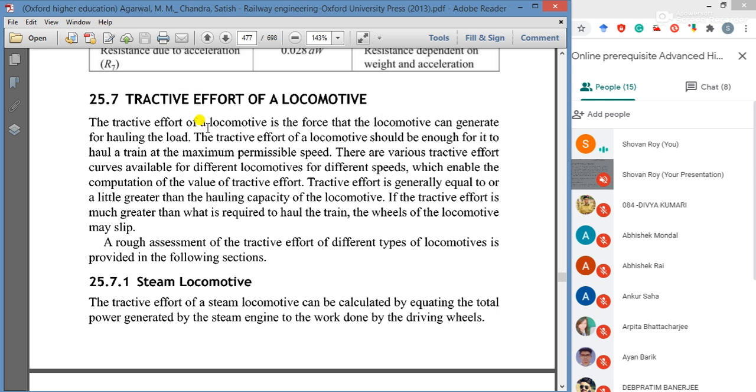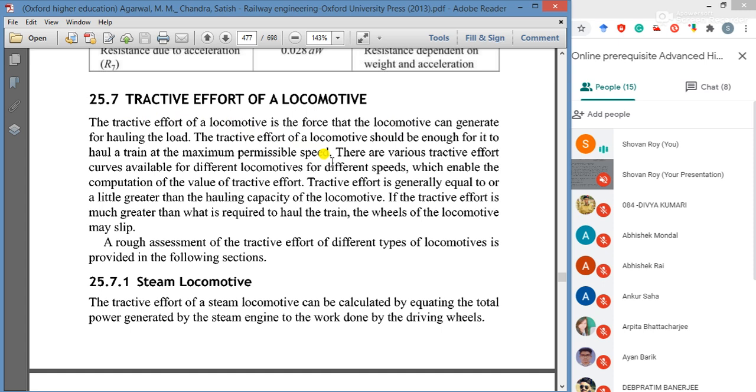However, let's see what the other things involved in this type of problem are. Tractive effort of a locomotive. The tractive effort of a locomotive is the force that the locomotive can generate for hauling the load, hauling, that is pulling.